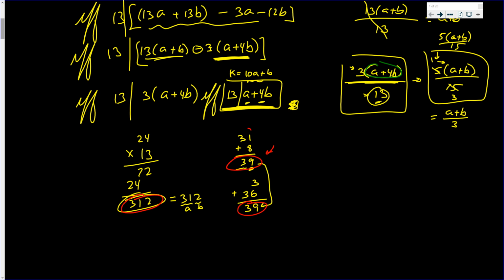Now, if I randomly pick a number, 245, I'm hoping that's not a multiple of 13, but basically you take that number and you add on 4 times that, which is 20, and you get 44. And if you know your 13 table, the answer is no. If you don't know your 13 table, you take the 4 and then you add on 4 times 4, which is 16, and you get 20.